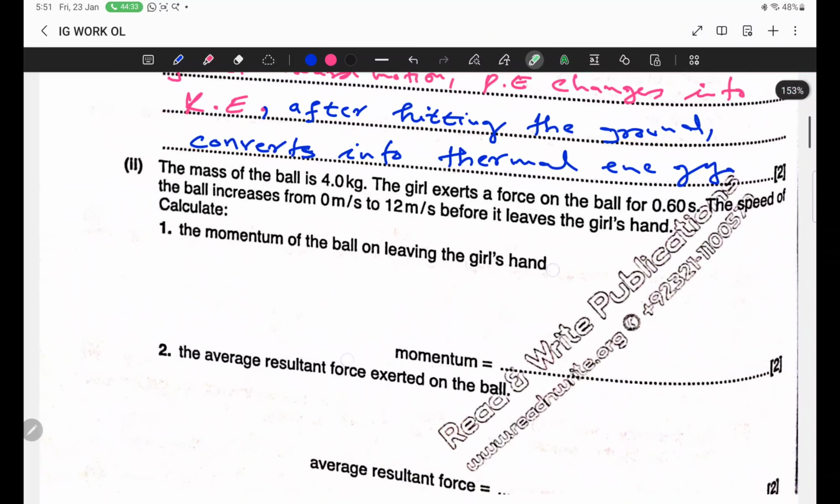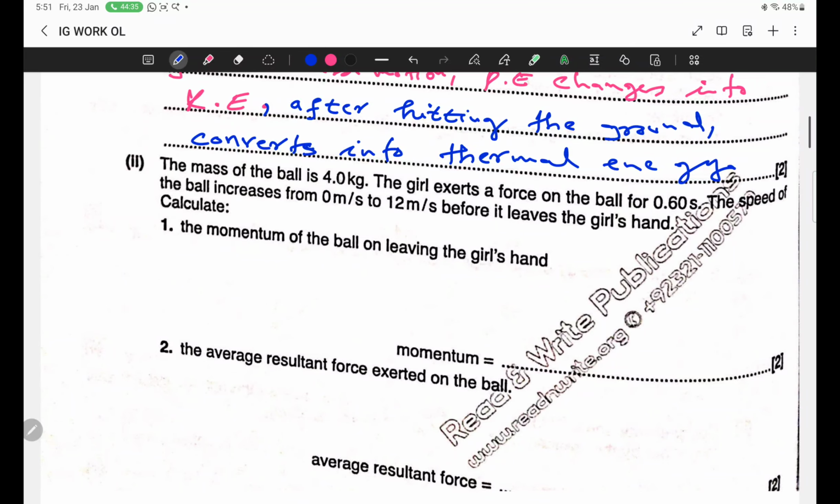The next question is: the mass of the ball is 4 kg. You are given time 0.6 second. Speed increases from 0 to 12. The question is, what is the momentum of the ball? Momentum is denoted by P. Momentum is the product of mass and velocity.